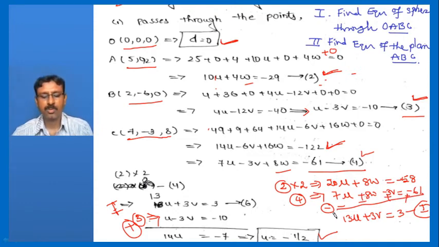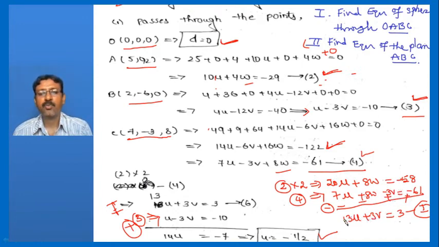So, subtracting and changing the signs: 20 minus 7 is 13u, 8 minus 8 is 0, plus 3v. Here 61 minus 58 is 3.